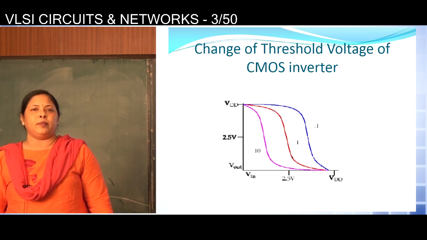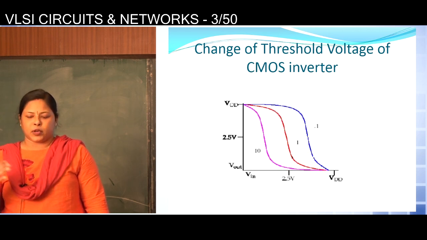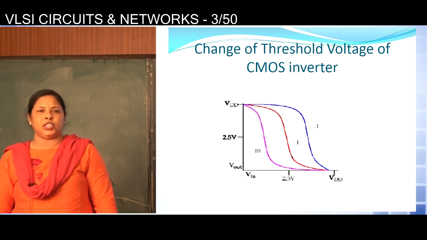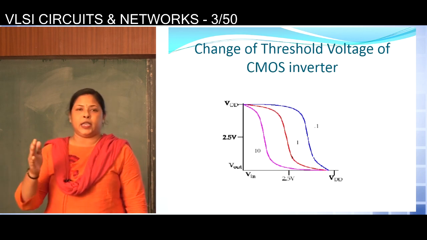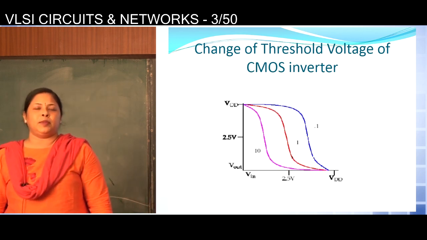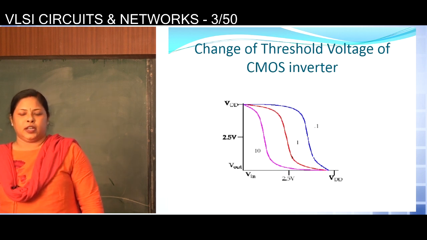So if we can set the W/L ratio of the PMOS and NMOS transistors, we can shift the transition from left to right, or we can keep it at the middle if we keep the W/L ratio of the two transistors equal.